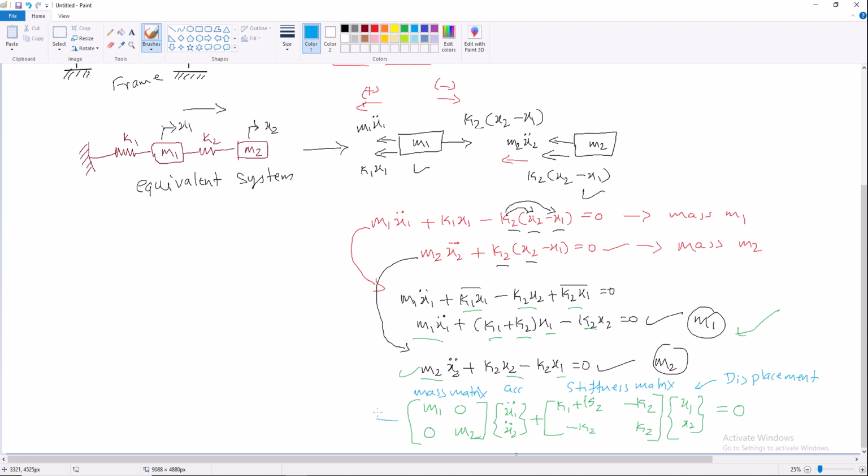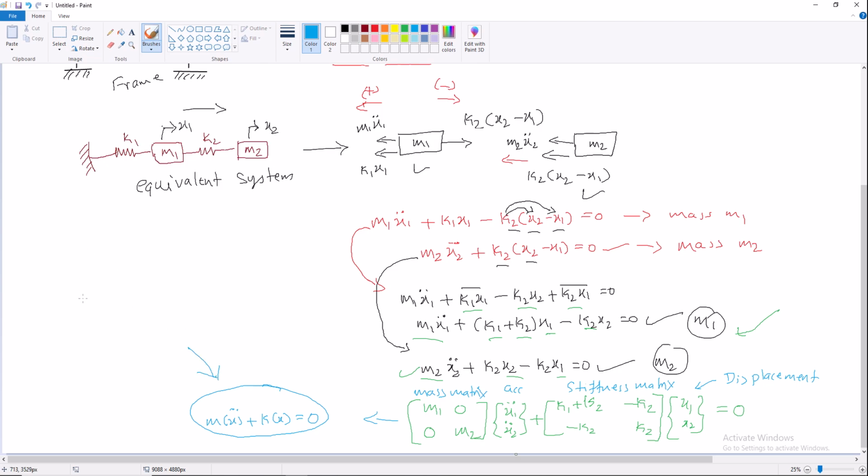This particular equation can be written as m x double dot plus kx equal to 0, and this equation is called the equation of motion for an undamped 2 degree of freedom system subjected to free vibration.